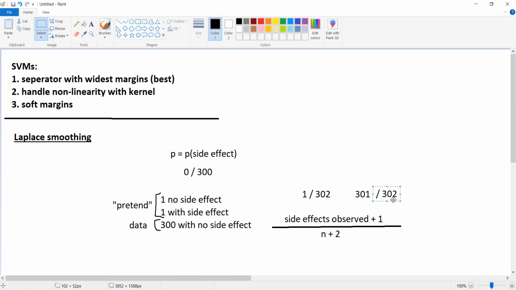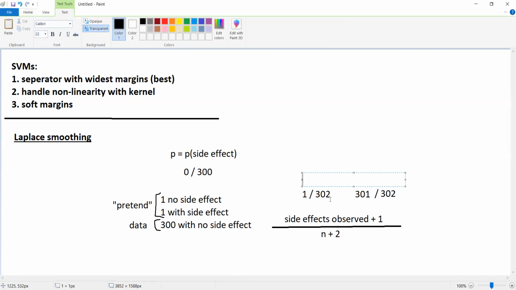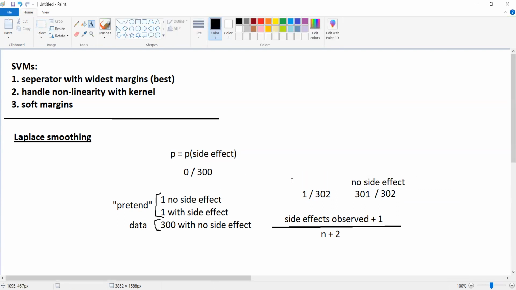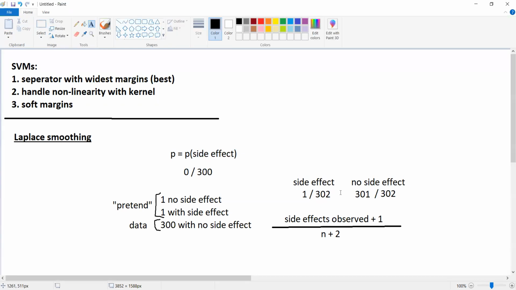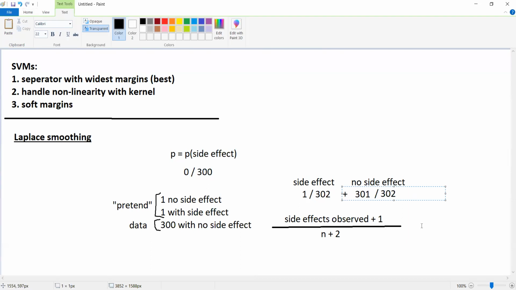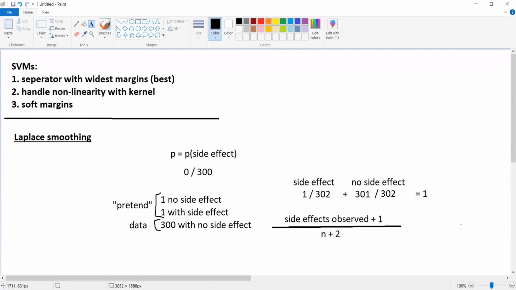Let's say the no side effect is here, the side effect is here, and then they sum to 1. Let's do it nicely, we'll add plus, equals 1. So this is how I learned about it, and that's why I said last week, you add 1 to the numerator and 2 to the denominator.